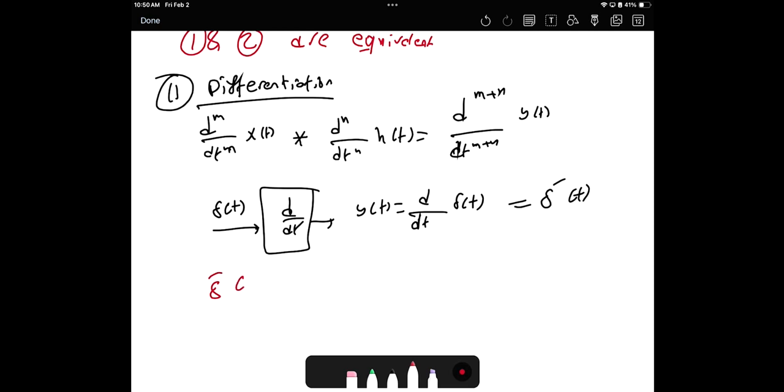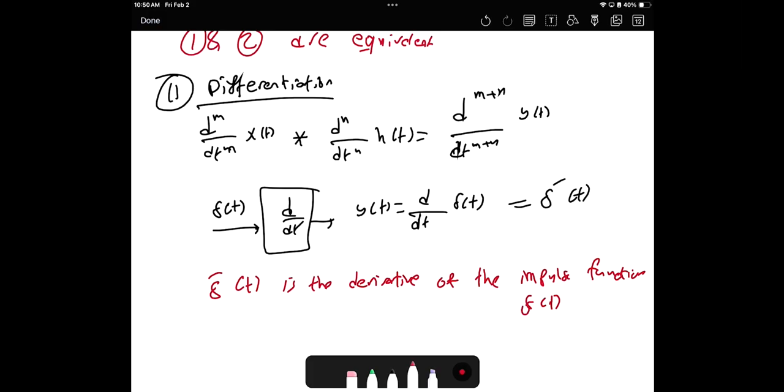Delta bar of t is the derivative of the impulse function delta of t.